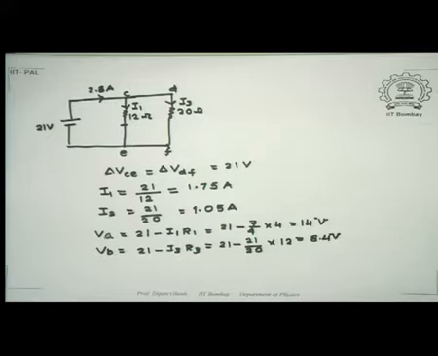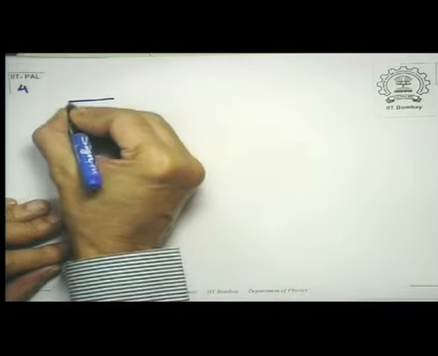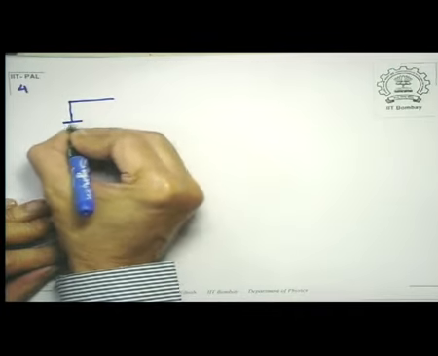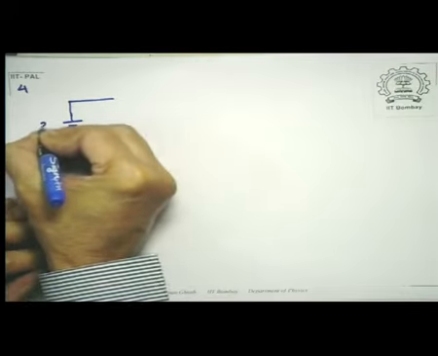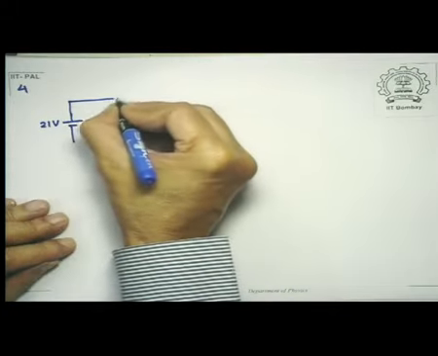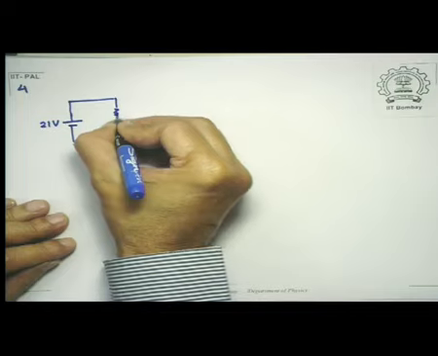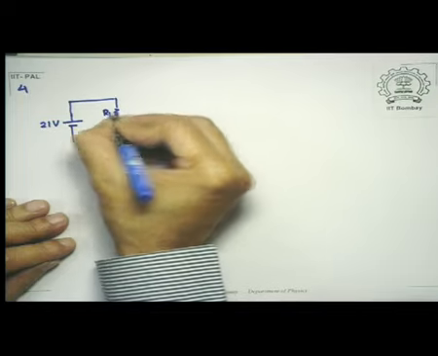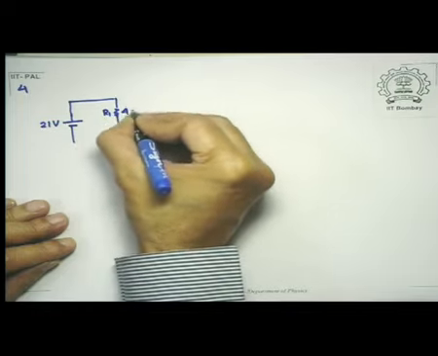Now let us close that switch. Now when you close that switch, the entire character of that circuit changes. So let's look at what is happening when I close that switch. So let us redraw that picture again. So this was a 21 volts battery. I had a 4 ohms here, R1, just indicate without.